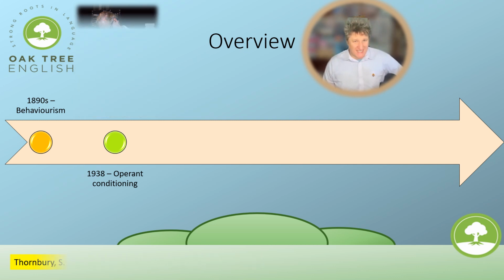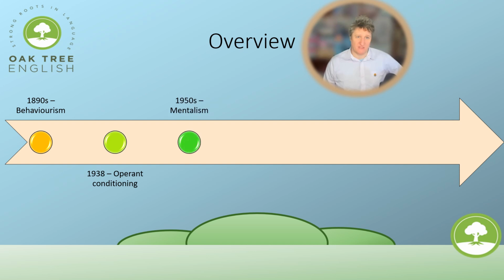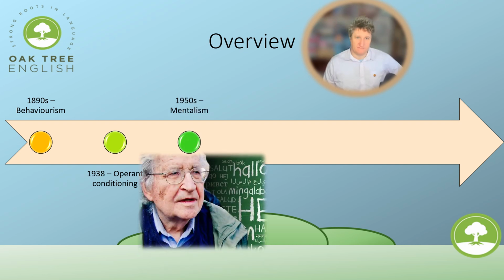A reaction against this came from a fellow American, Noam Chomsky, who proposed a model which he called mentalism. Chomsky said that language learning was a different process than the ones tested by Skinner and Pavlov and a chap called Watson, and had to be studied differently.